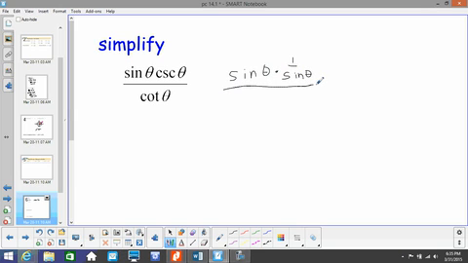So I'm not going to do anything with that cotangent for the moment. I'm just going to leave it like that. Because sine times 1 over sine is just going to be 1. And I have 1 over cotangent. Well, look at your reciprocals. That is the same as tangent theta.